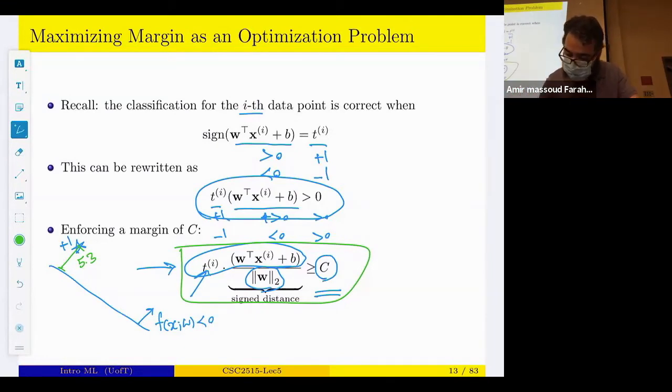Suppose this would be negative, so the signed distance would be minus 5.3, but the true label is positive 1, so we have positive 1 times minus 5.3, which would be some negative value. So that would be the situation.